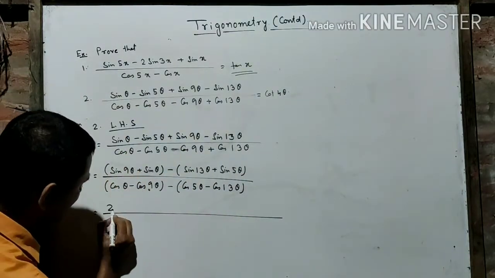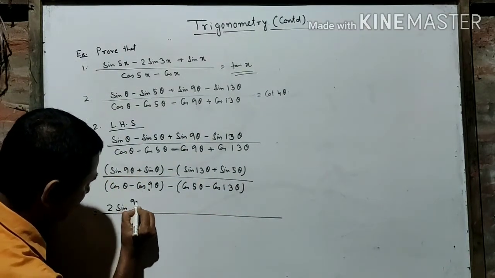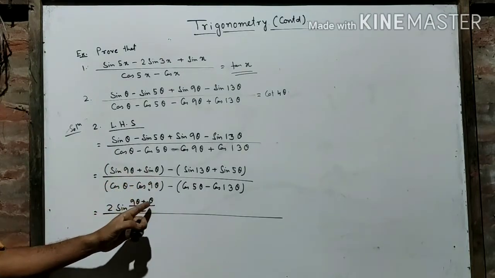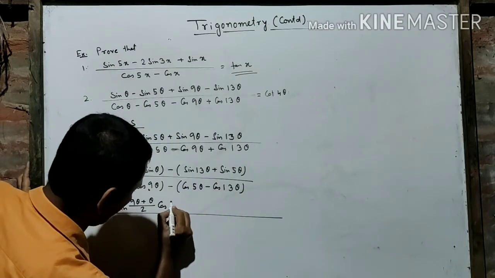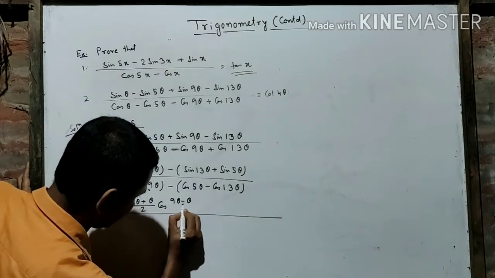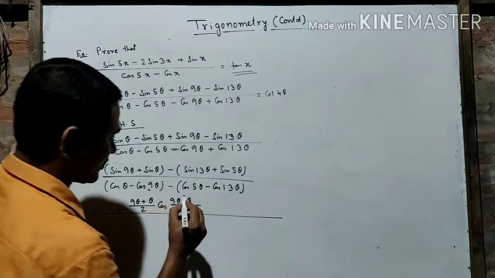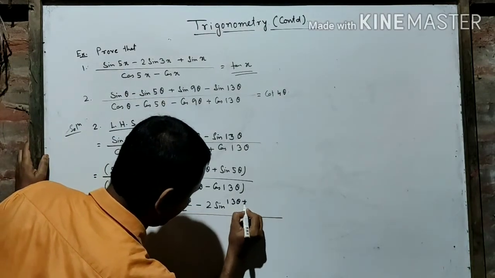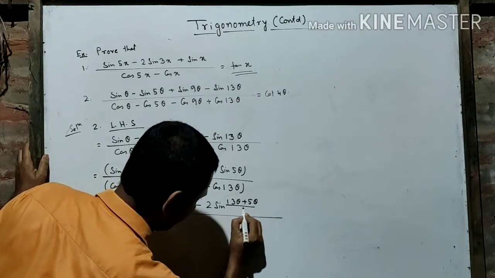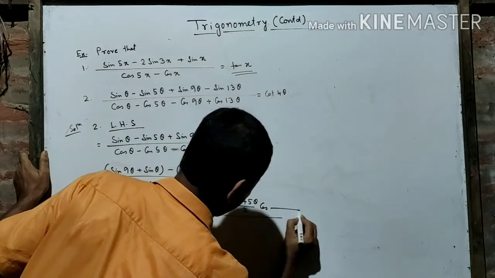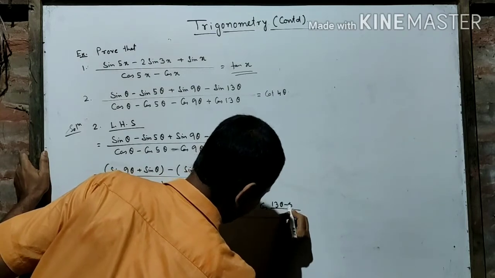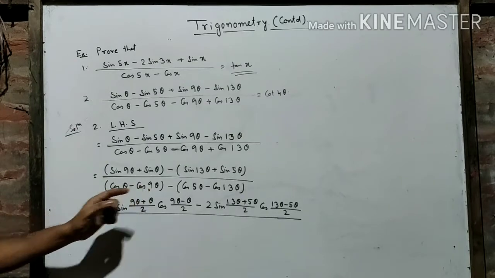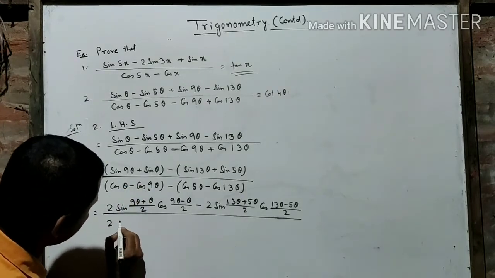This is sin c plus sin d, so you apply it. Sin c plus sin d is equal to 2 sin c plus d divided by 2, so 9 theta plus theta divided by 2 into cos c minus d divided by 2 minus 2 sin c means 13 plus 5 divided by 2 into cos 13 theta minus 5 theta divided by 2. Alright? Then cos c minus cos d. What is cos c minus cos d?